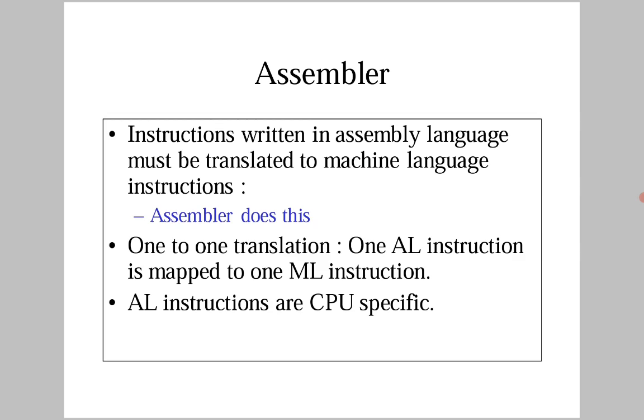Instructions written in assembly language must be translated into machine language instructions, and the assembler does this. It is a one-to-one translation, meaning one assembly language instruction is mapped into one machine language instruction. Assembly language instructions are CPU specific, meaning assembly languages depend on the processor used.